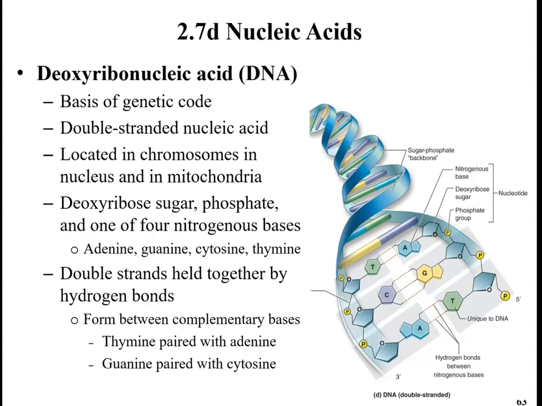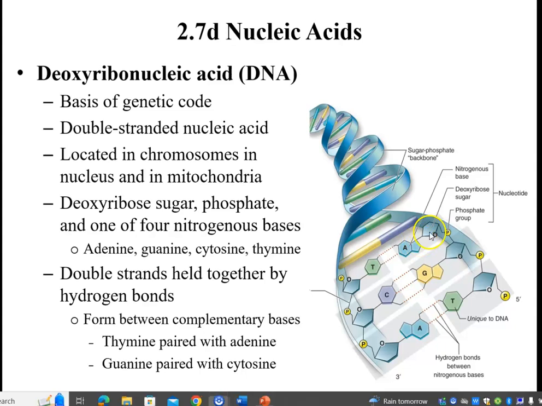So let me show you here. You can see the strands of the ladder are composed of nucleotides. So, right, that's a phosphate, a sugar, and a nitrogenous base. So here's one nucleotide, 2, 3.